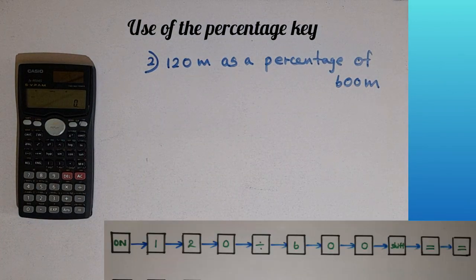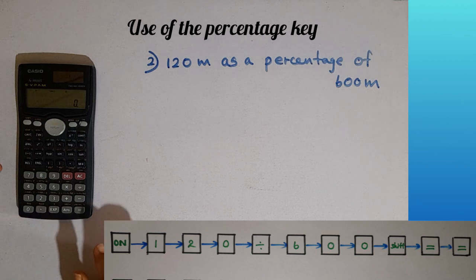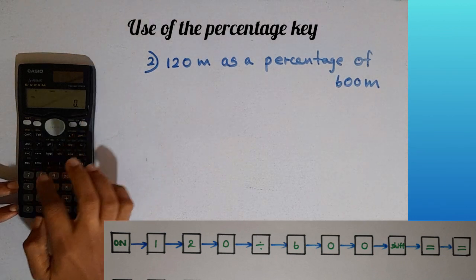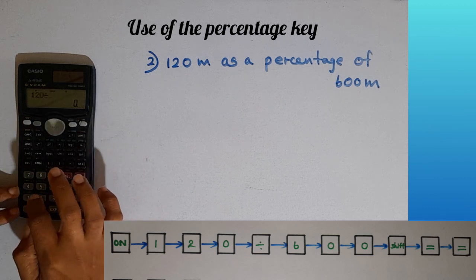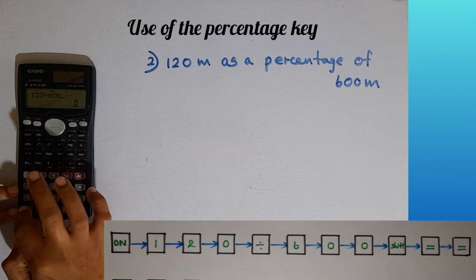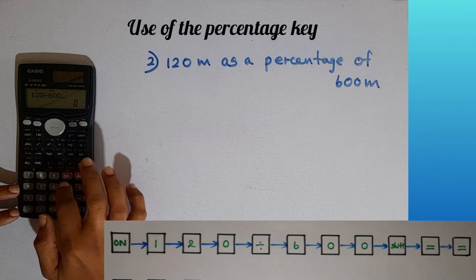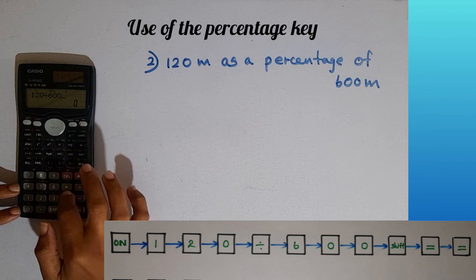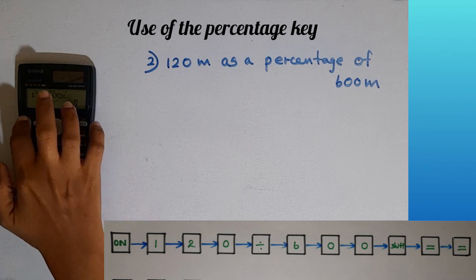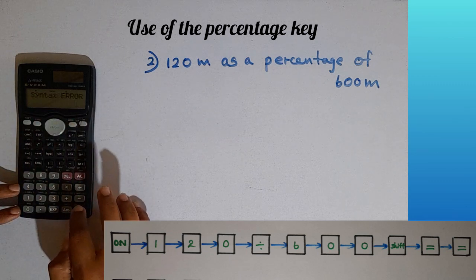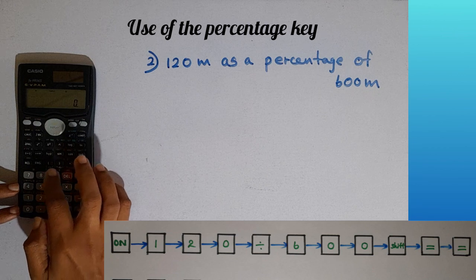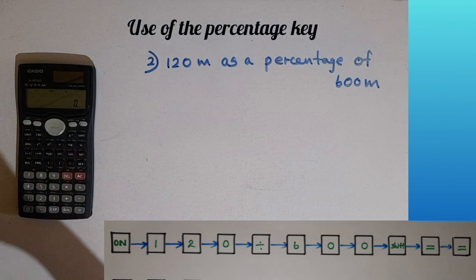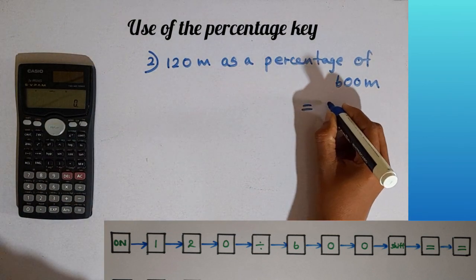This is the flow chart that we have to draw here. First we have to press the on key, then 120 divide by 600, then you have to perform the percentage. The answer will be 20%.